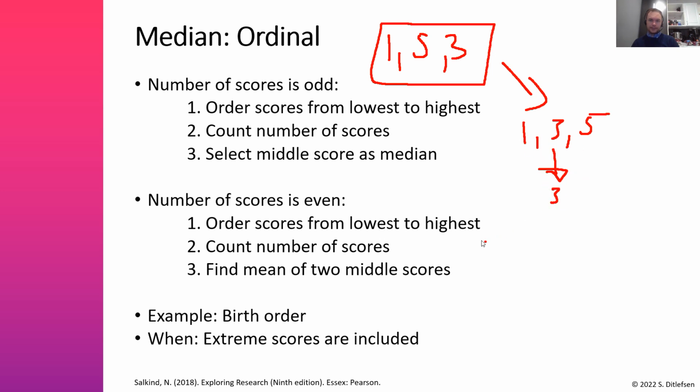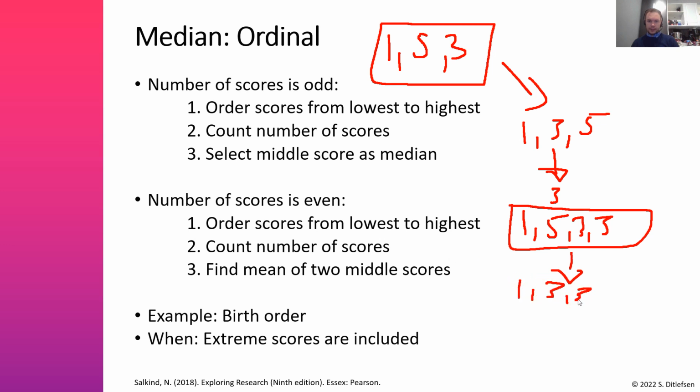This is the middle one. If you have 1, 5, 3, 3, then we have an even count. We count them, they are even. We find the 2 middle ones. 1, 3, 3, 5. The middle ones are 3 and 3.